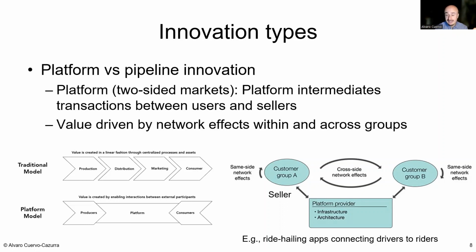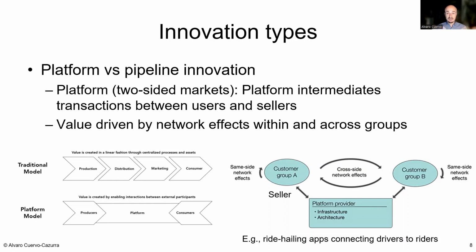The ride-hailing app, the example we had before, is a platform model. Instead of the traditional taxi company, where I own and control the taxis and then provide services to customers, I am in the middle. I'm connecting lots of people who have cars and spare time and want to make a little bit of money using their car, with lots of people who need transportation services.